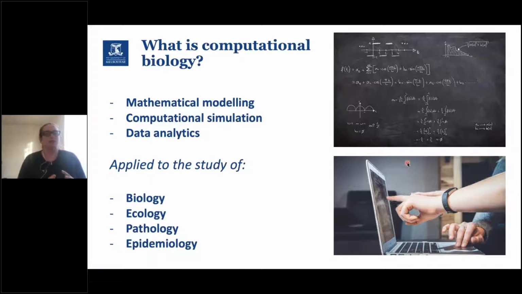What computational biology really looks at is the application of one or more of mathematical modeling, computational simulation, and data analytics to the study of systems which might be in nature biological, ecological, medical, or epidemiological, and other examples as well, but these are just some of the types of problems that mathematical modeling and computational simulation are applied to within the broad banner of computational biology.